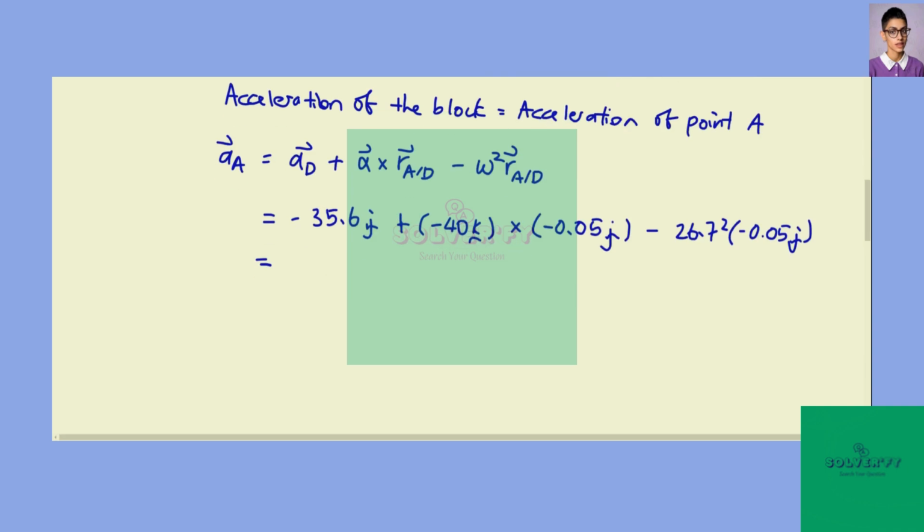When you solve this, you get minus 2i meters per second squared.